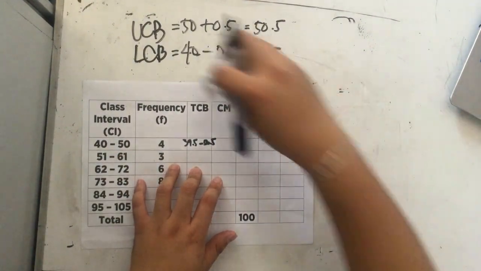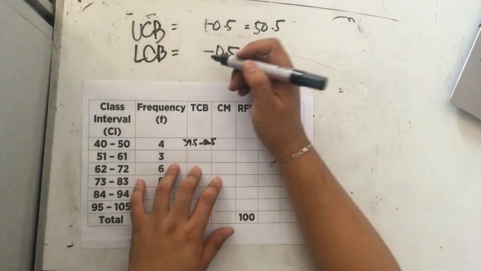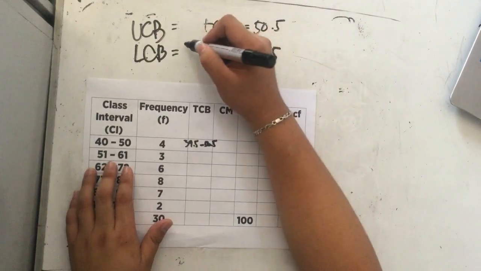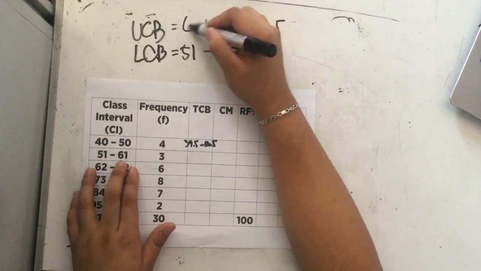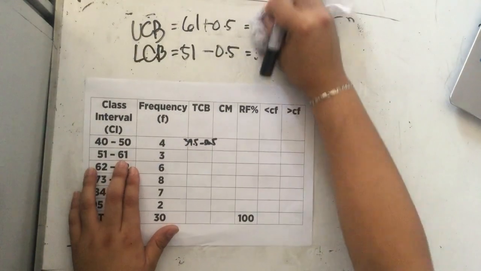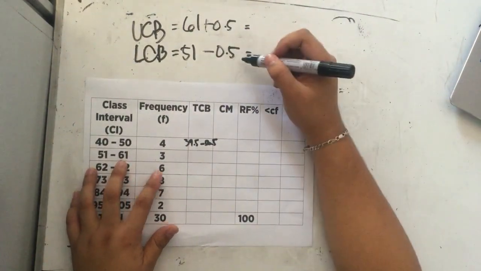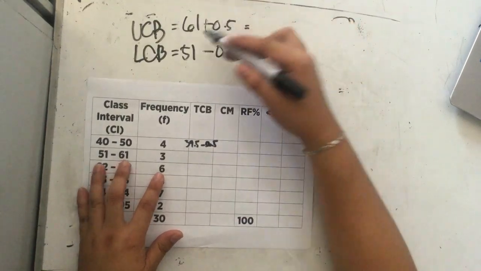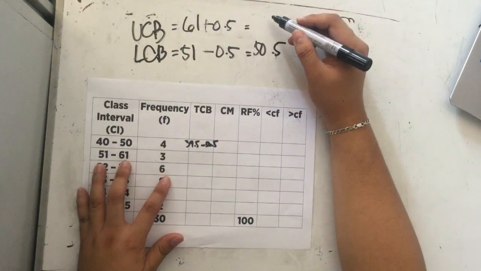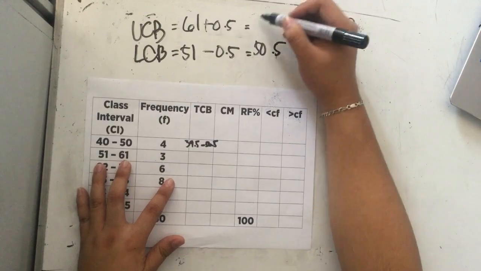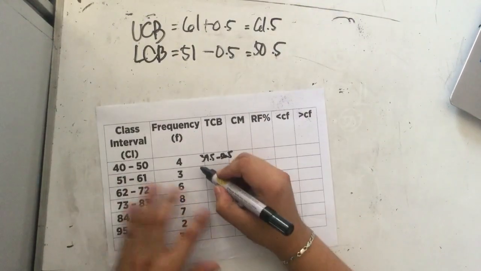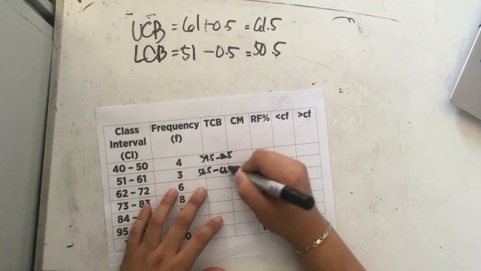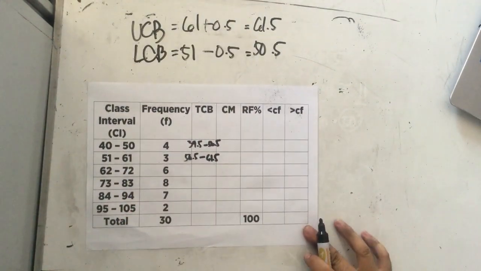Second interval natin, okay, so what is the lower limit dun sa ating second class interval? We have 51 and then 61. So 51 minus 0.5 is 50.5, and then 61 plus 0.5, we get 61.5. So we have 50.5 to 61.5. Okay?